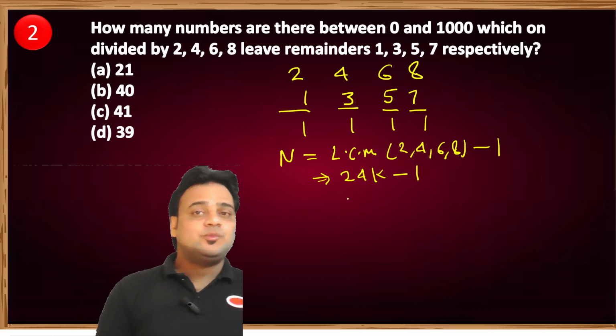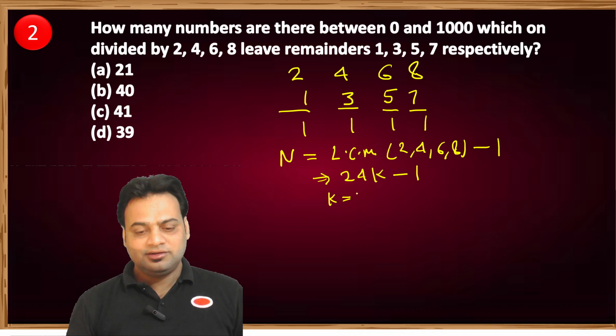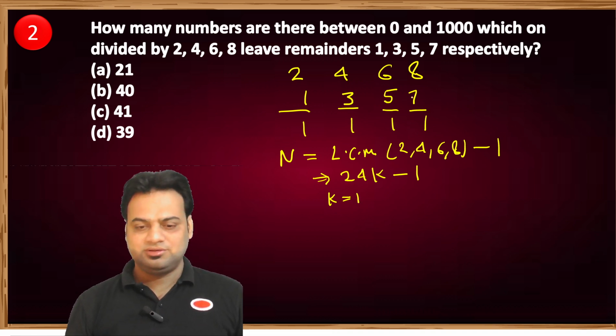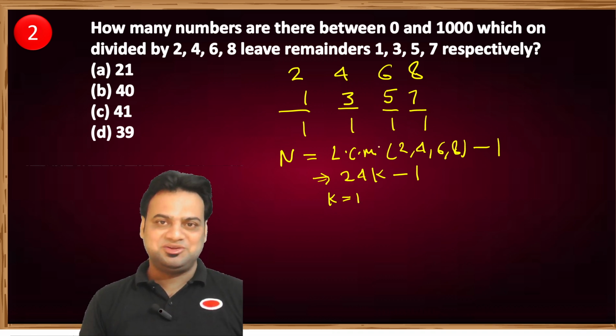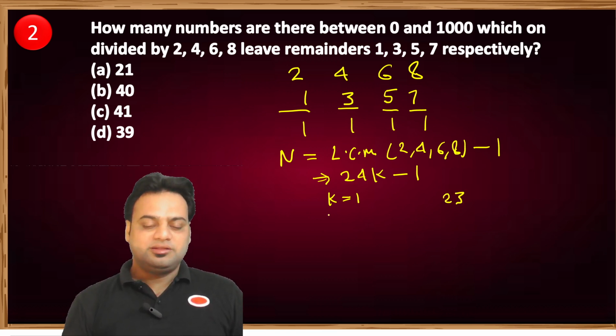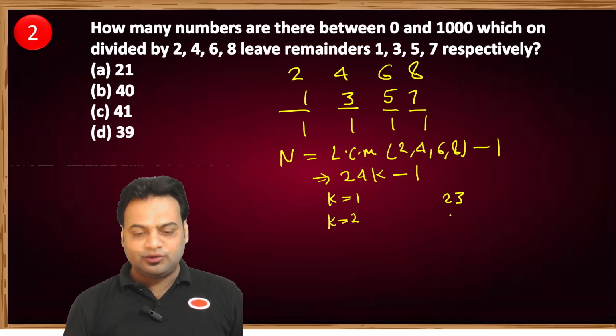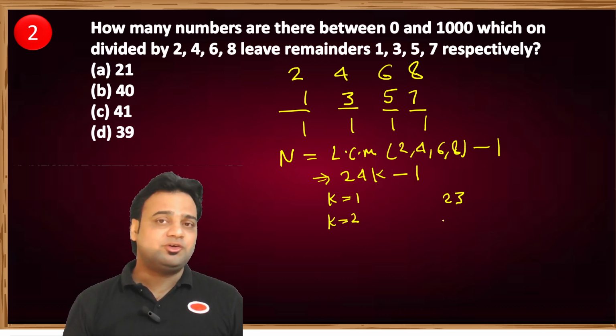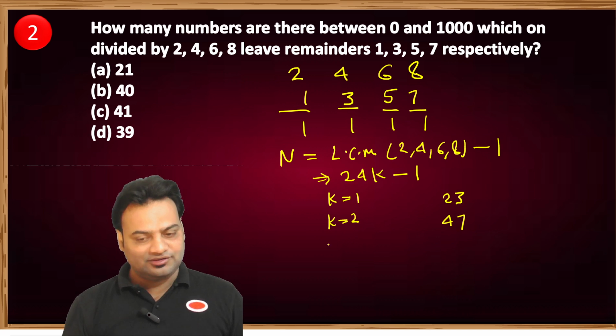If we put the value of k as 1, then you get the first number which is more than 0 and less than 1000. So the first number is 23. Then so on. If you put k as 2, then you get the next number, 48 minus 1, which is 47, and so on.